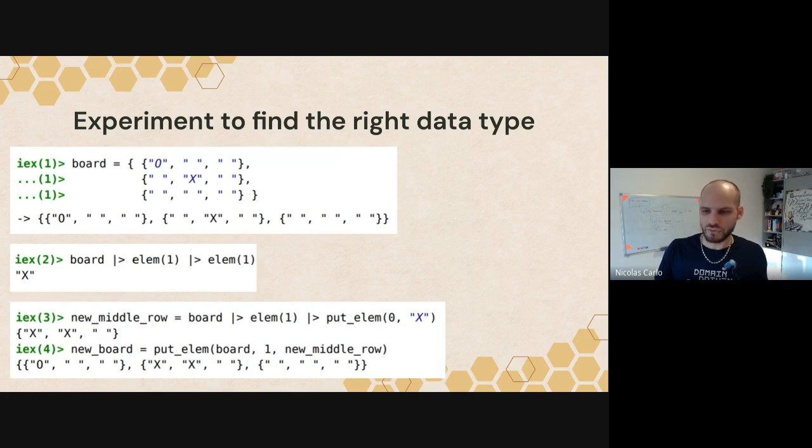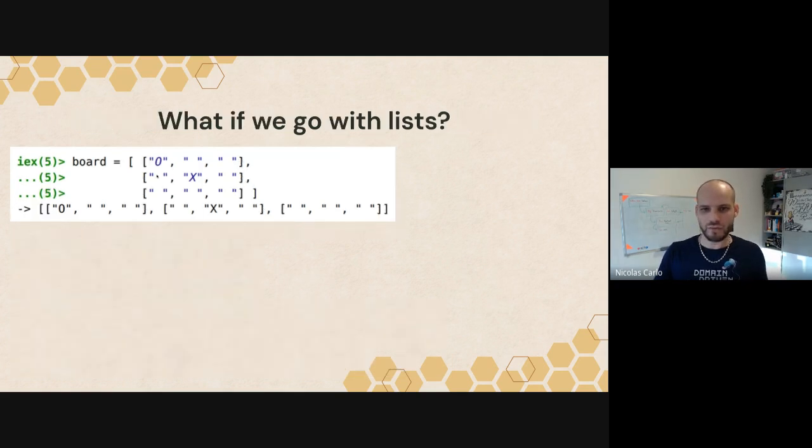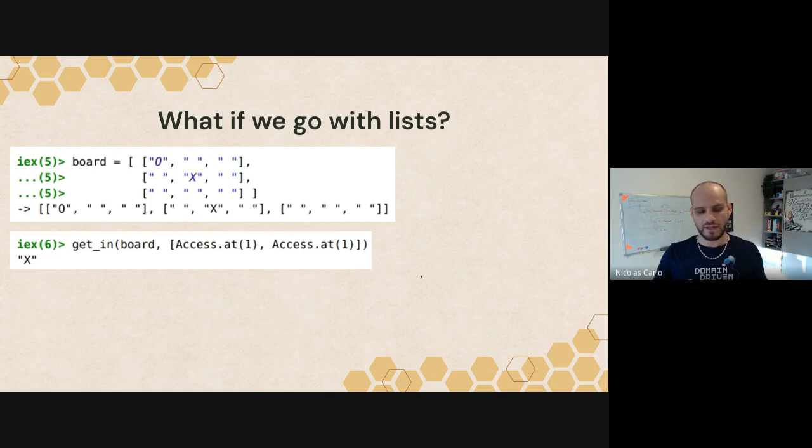Let's do a little tweak and go with lists. So a nested list of strings to represent the board. Really, the symbol is very similar. It's just another decision. But by changing that data structure, you unlock different APIs to deal with your data. So to read the same element, we have other functions.